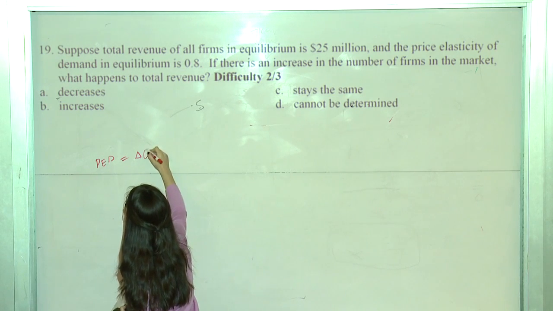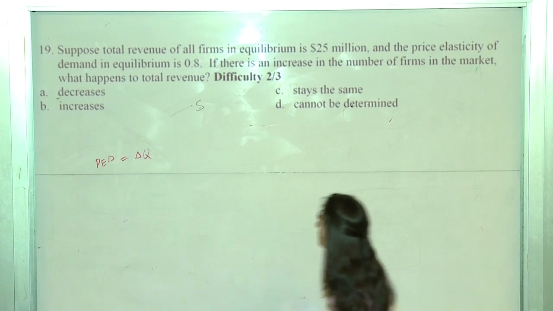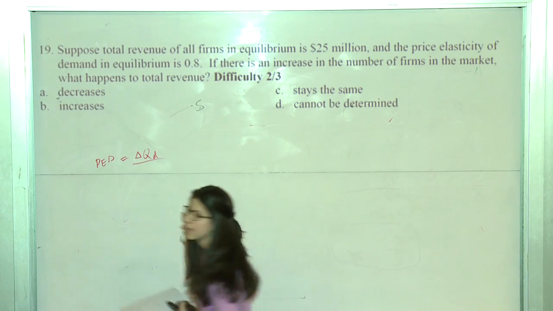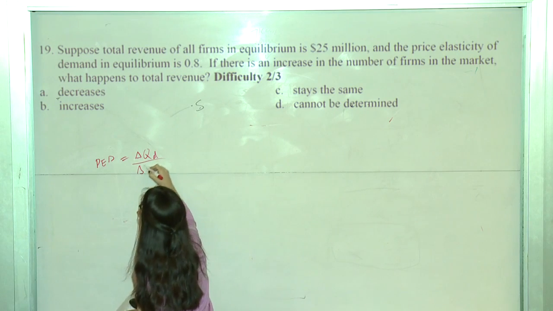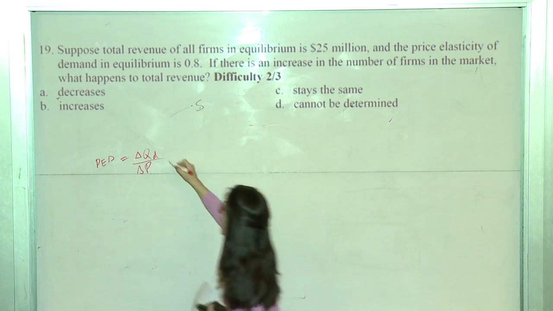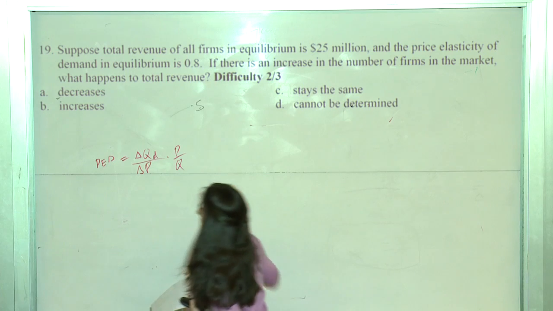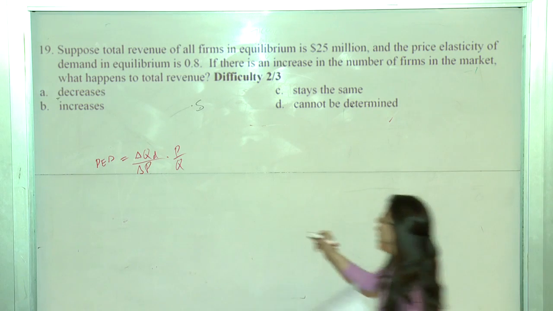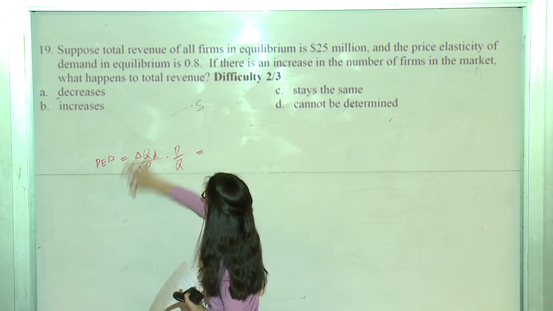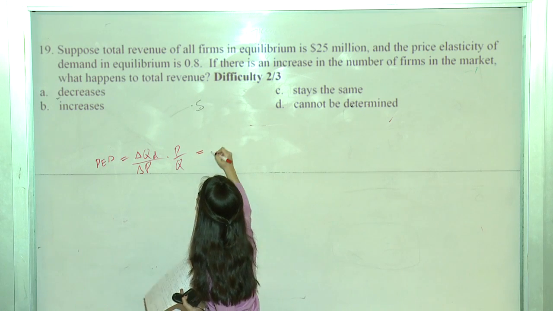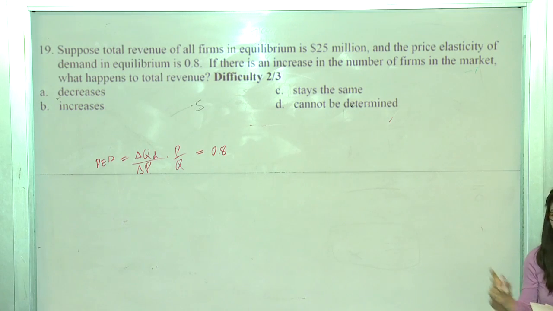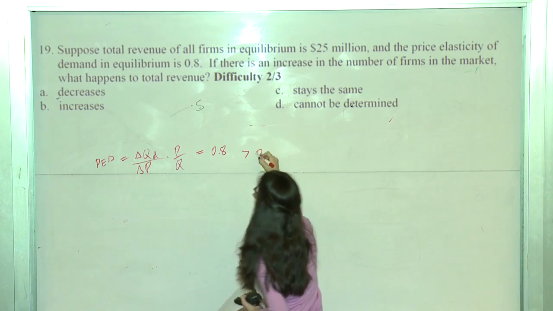So basically, the percentage change in the quantity demanded over the change in the price, times the price level over the quantity, will give you the price elasticity of demand. We're told this overall expression is equal to 0.8. So we know that this number is greater than 0.